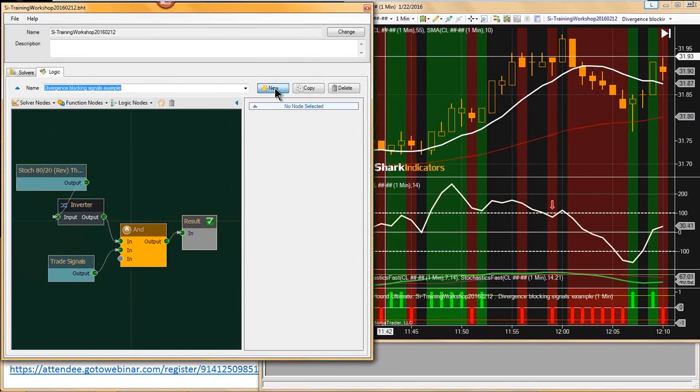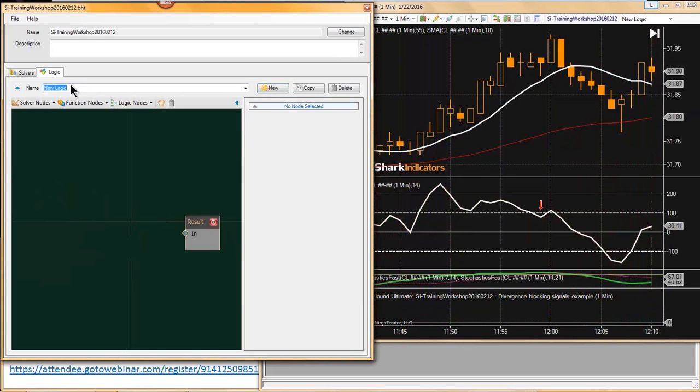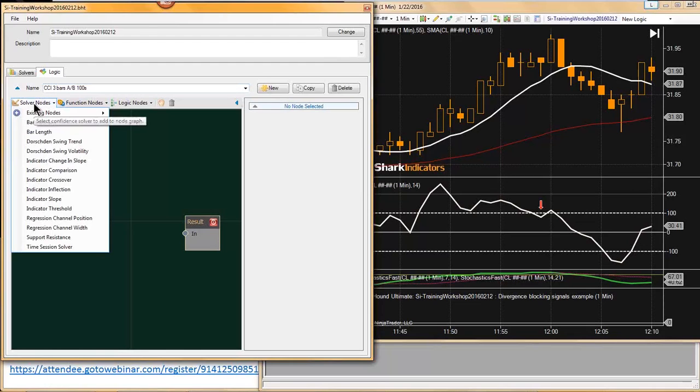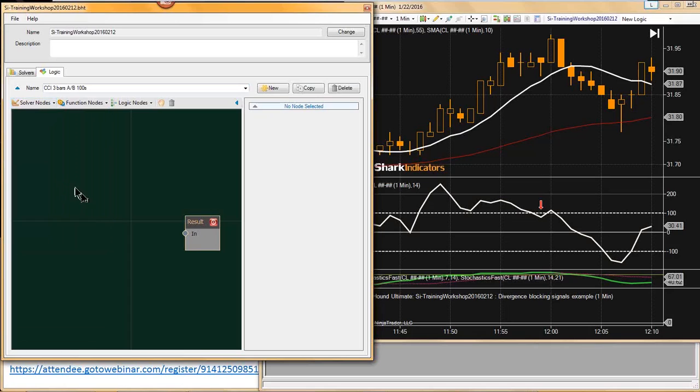Alright, so let me get a new logic template started here. We'll look for the CCI to be 3 bars above or below the 100s. First thing is let's build the crossover conditions.